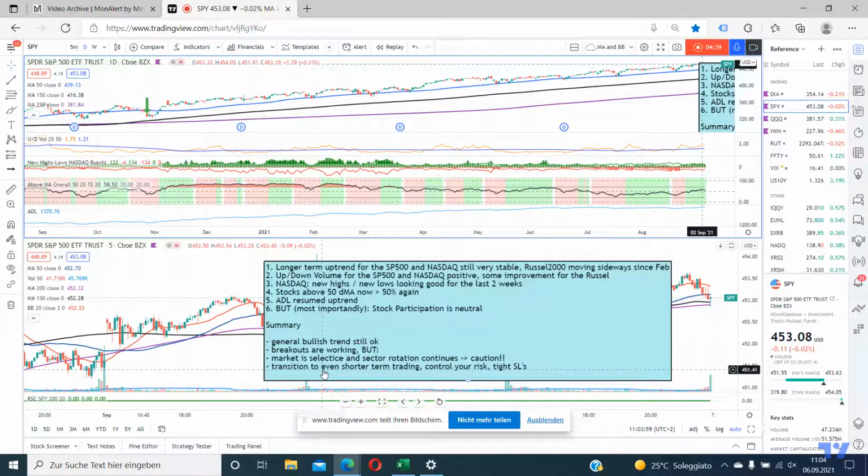So what we have done, we have set our average stop loss in the range of 2%, 3%, and we are faster in knocking down profits. So as soon as we have 5%, 6% profits, we nail it down and look for the next opportunity. And this is how we have been able to still make progress even in this very selective and difficult market environment.